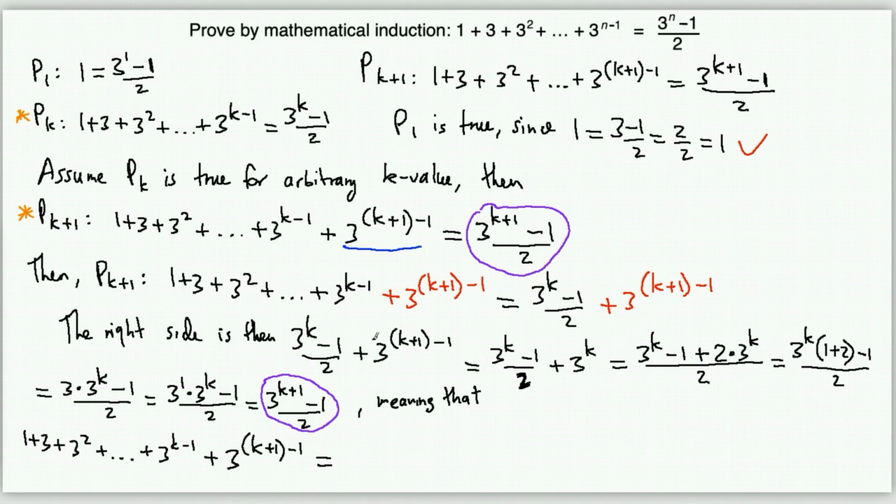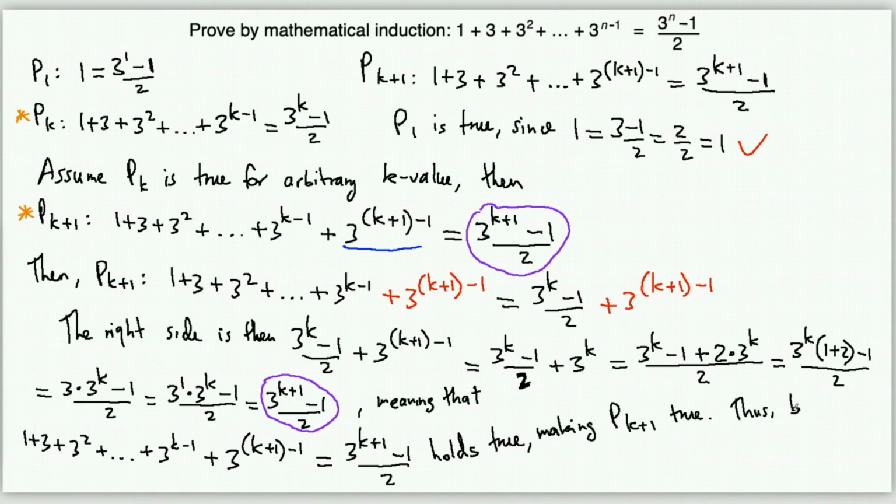Which we showed was the right side indeed. 3 to the k plus 1 minus 1 divided by 2. Okay? And we say that meaning that the statement holds true, making P(k+1) true, right? Because this whole thing is the P(k+1) statement, right?